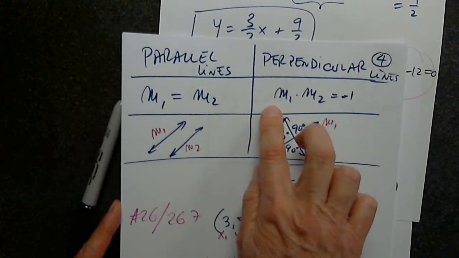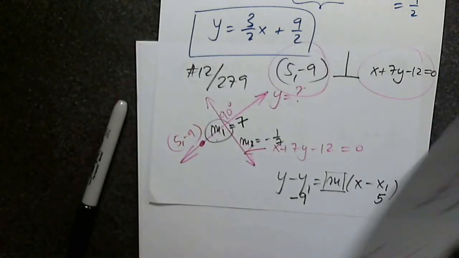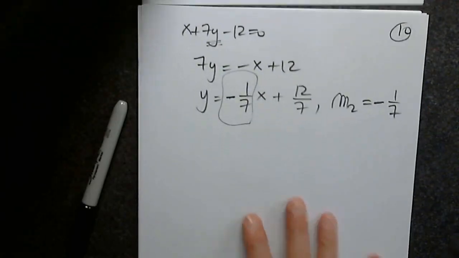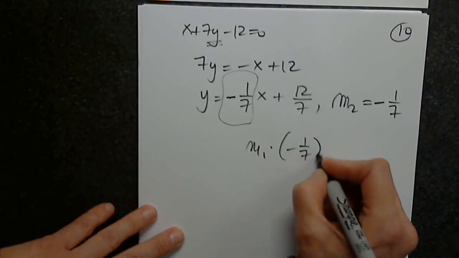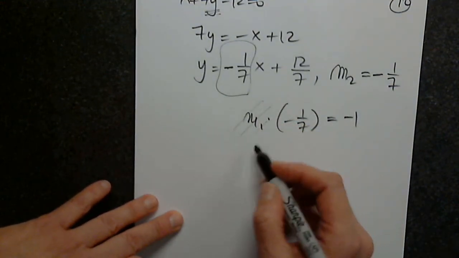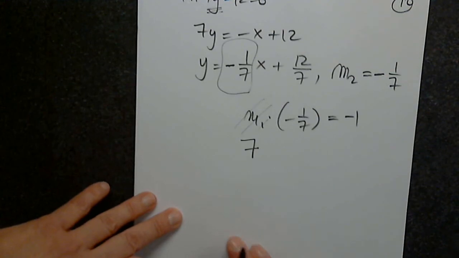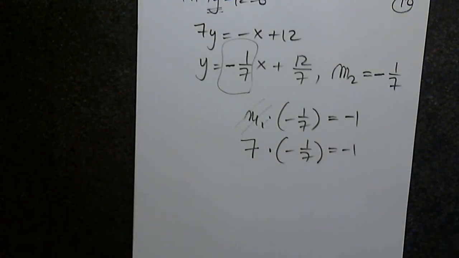Only the product of 7, I'm going to write it. 7 times negative 1 over 7 is negative 1. So m1 times negative 1 over 7 equals negative 1. This must be 7.